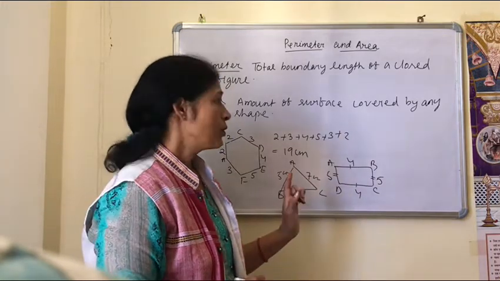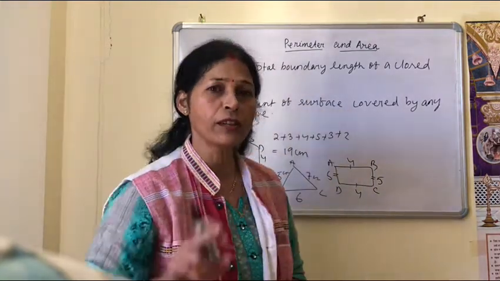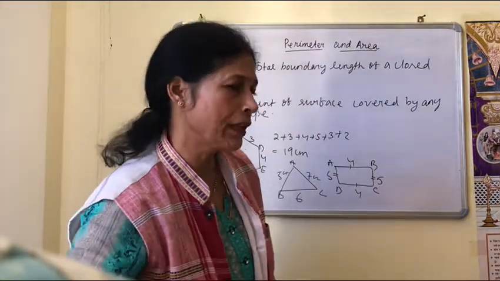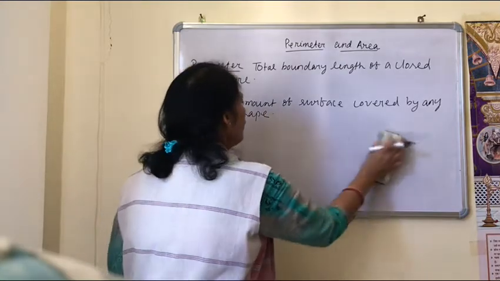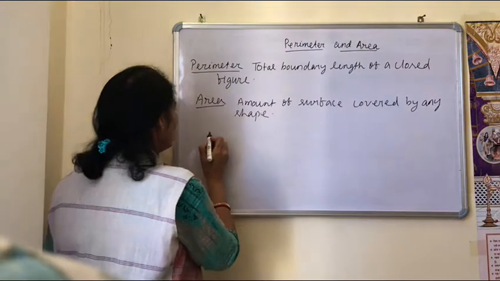Clear? So how do you find the perimeter of a figure? The sum of all the sides is the perimeter of any shape.